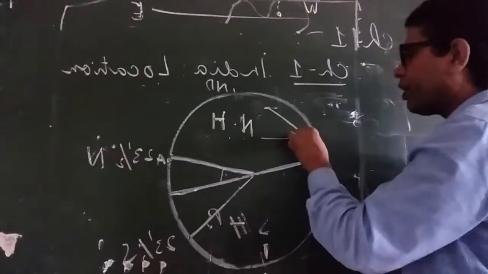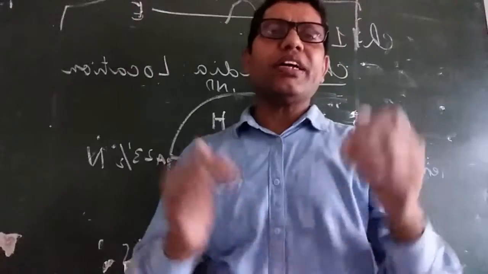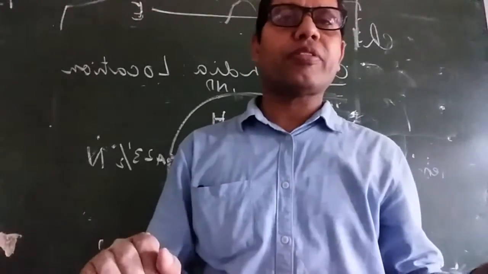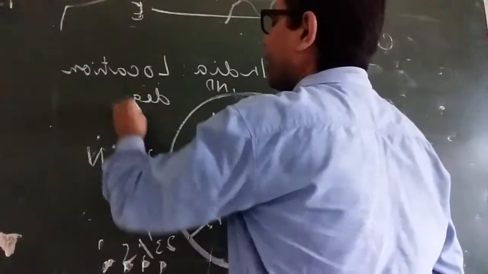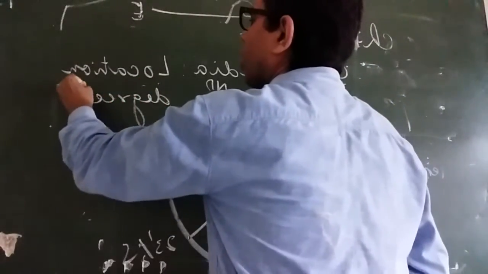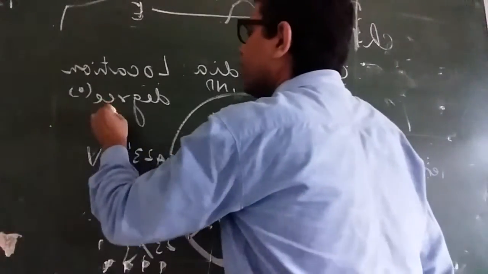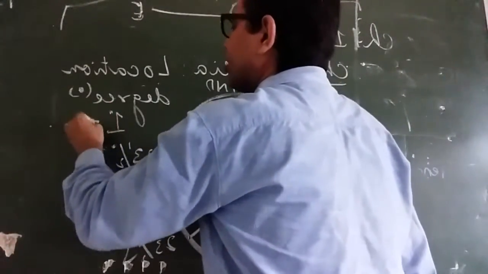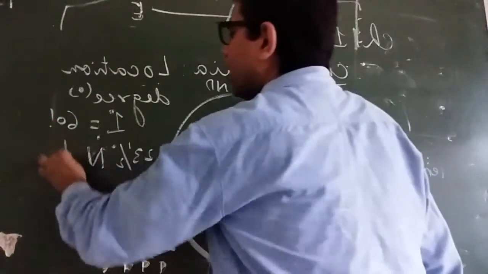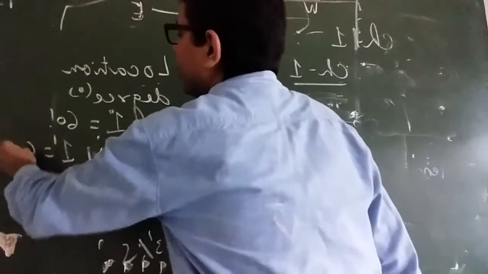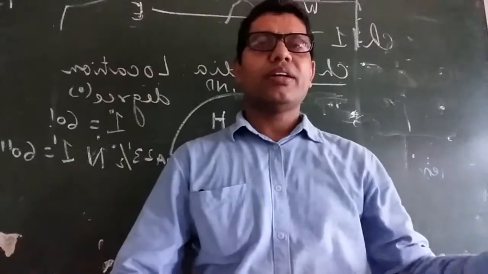But when we measure this line, it becomes an angle and its distance is angular distance. Angular distance is measured in degrees. This is the symbol of the degree. One degree can be subdivided into 60 minutes, and one minute can be divided into 60 seconds. This is the scale of degree.